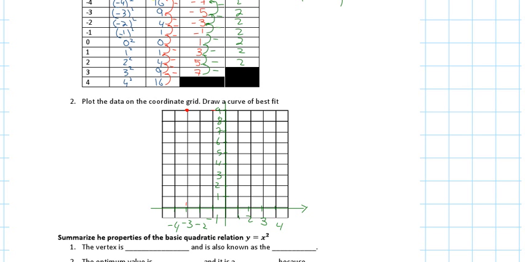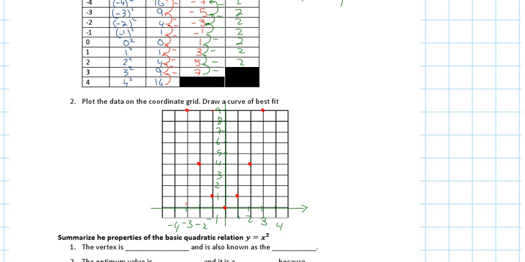Negative 2, 4. So I'll go to the negative 2, then I have to go up to the 4. Negative 1, 1. Zero, 0. 1, 1. 2, 4, and then 3, 9.